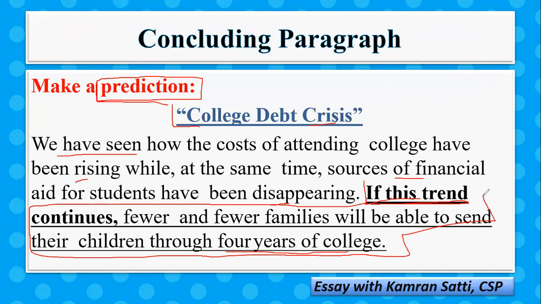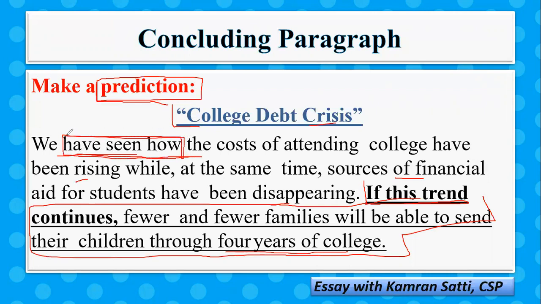Now, once again, important. I believe that you have seen how the costs of attending college have been rising. Now, this means that we have already discussed it in our essay. We are not making this prediction out of thin air or on the basis of something which we haven't discussed in our essay.